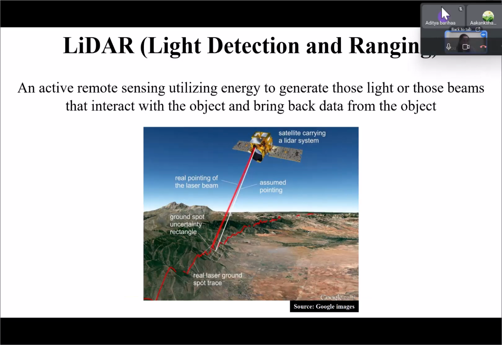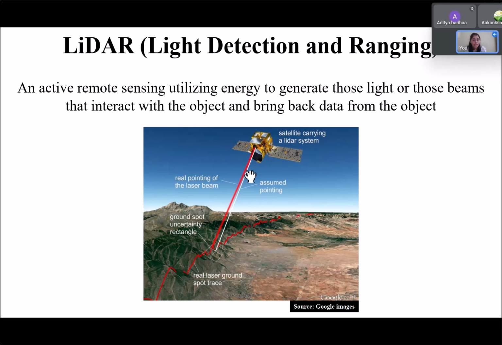And that's the idea for LIDAR. LIDAR, as the name suggests, is light detection and ranging. This is an example of active remote sensing. As you can see here, LIDAR is an active remote sensing method utilizing energy to generate the light or beams that interact with the object and bring the data back from the object. Simple to understand: you have a satellite. That satellite has its own source of light, which is the LIDAR system here.